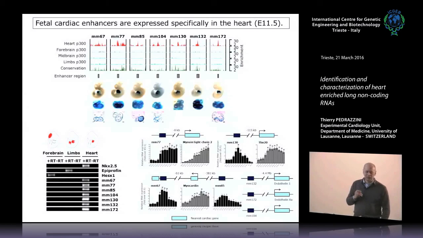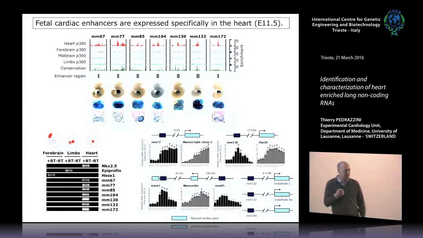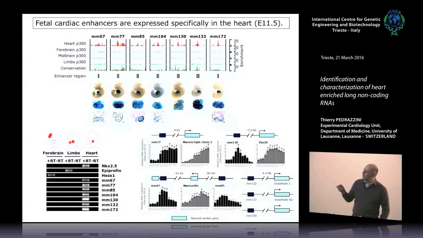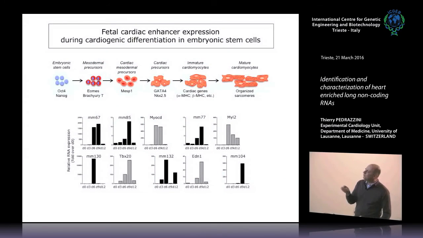And what is more interesting is that the adjacent genes, which are very important cardiac genes during development, are also dynamically transcribed, and you have a clear correlation between the transcription of the enhancer and the transcription of the cognate coding genes. This is also true during differentiation in vitro. You see that you have activation of this transcript, with correlation with the adjacent genes.